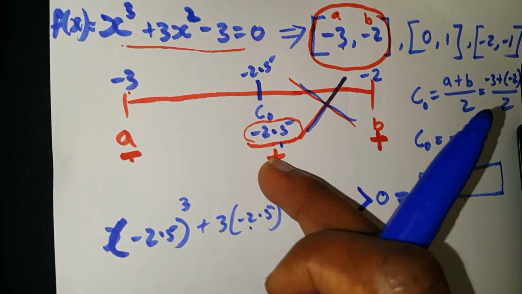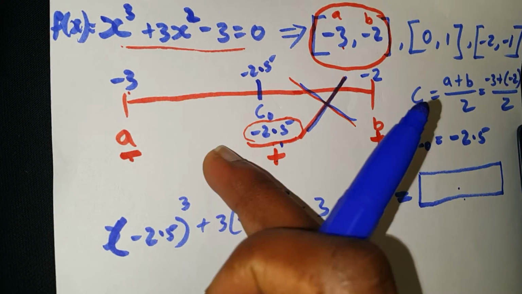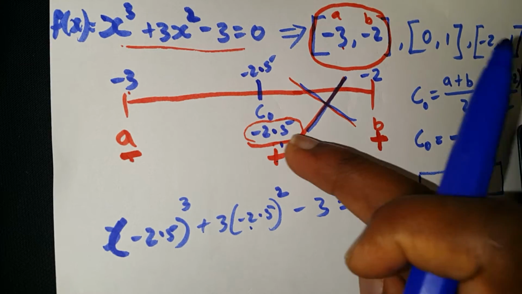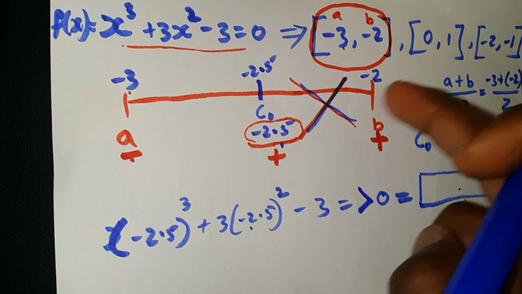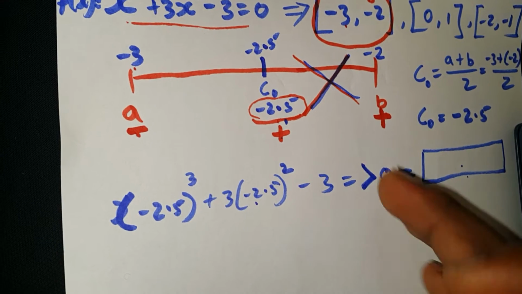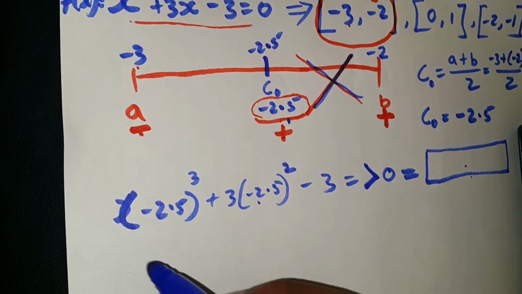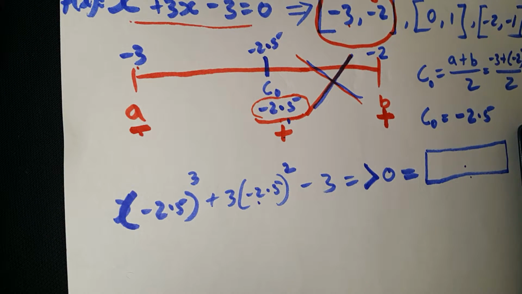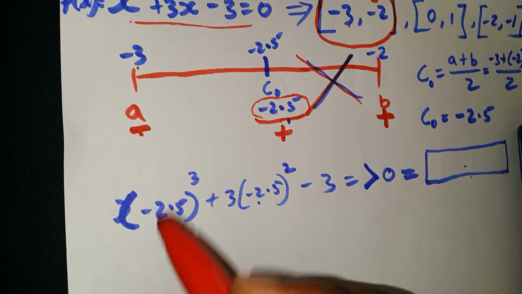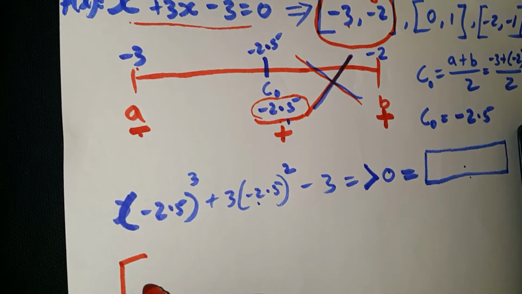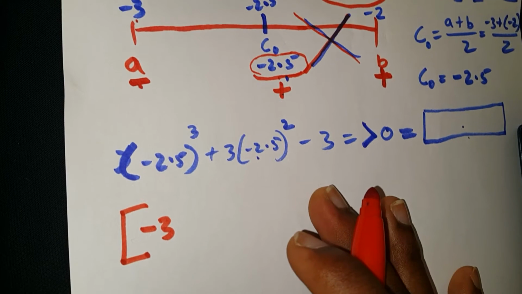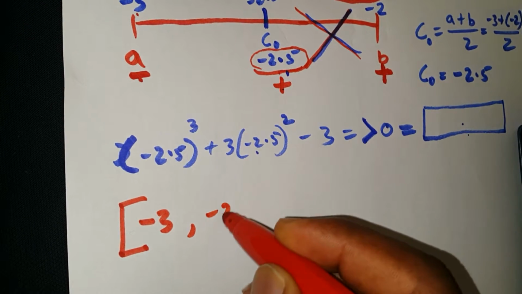If it is negative, it will go this side. But now it's positive, which means this place is cancelled. We don't need this place anymore. So our new interval now is -3 and -2.5.